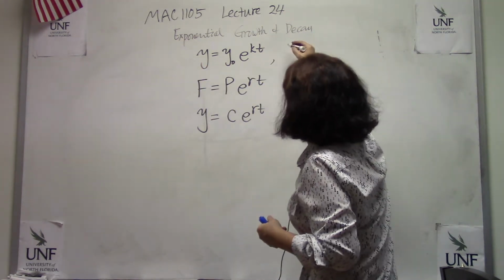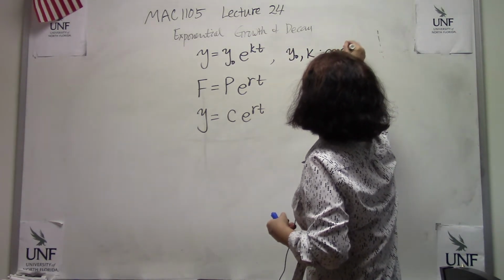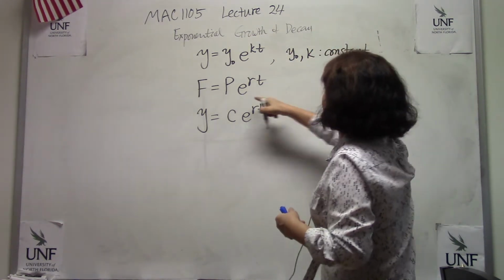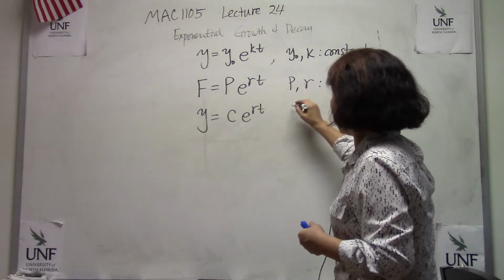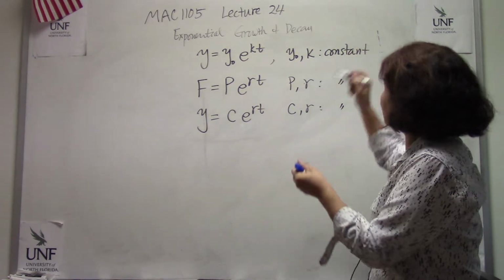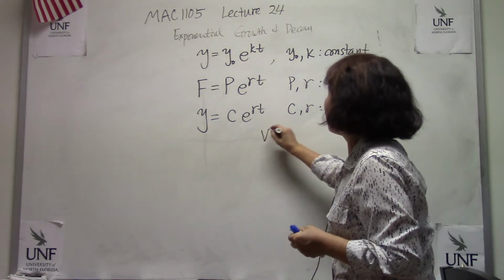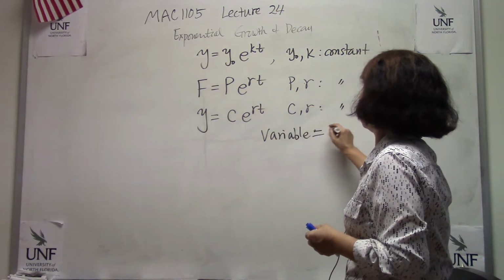Here y naught and k are constants, here p and r are constants, and here c and r are constants. And what is a variable? The variable is t.